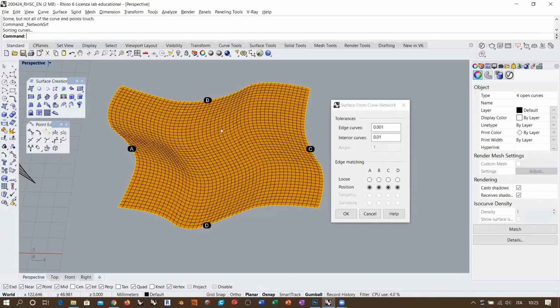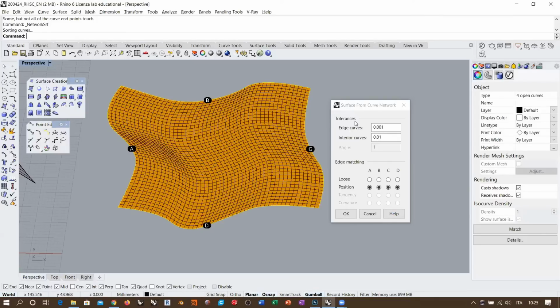Whatever you might want to do on this surface becomes extremely difficult to perform because of this very complex topology. So my general message as regards the surface from network of curves: don't use it unless you got to the final stage of your modeling workflow, because it produces this kind of extremely complex result.